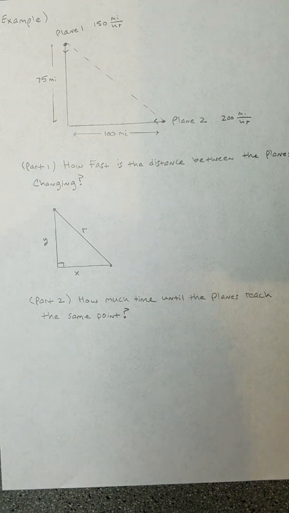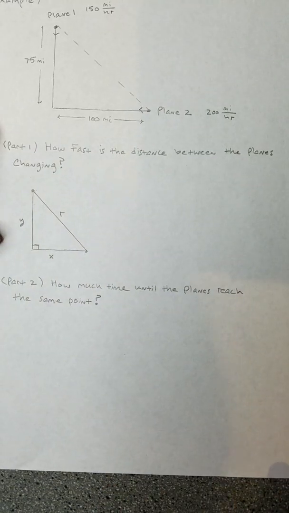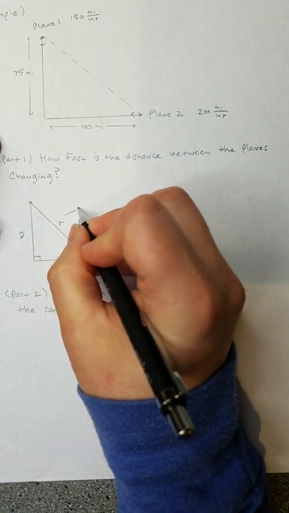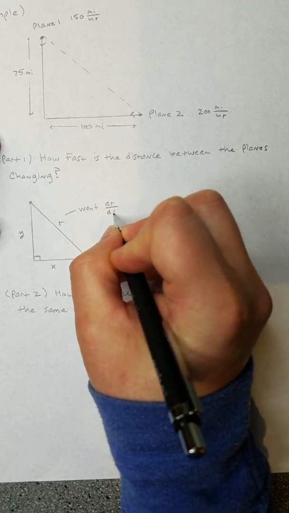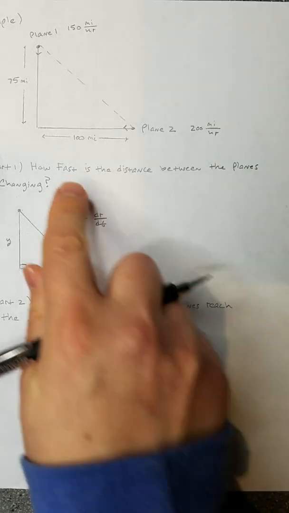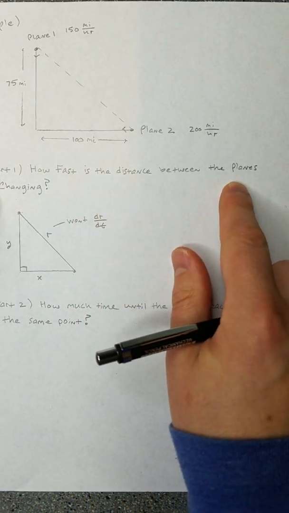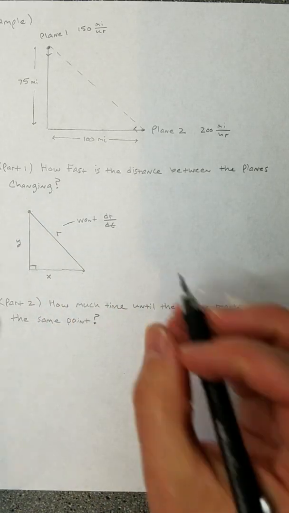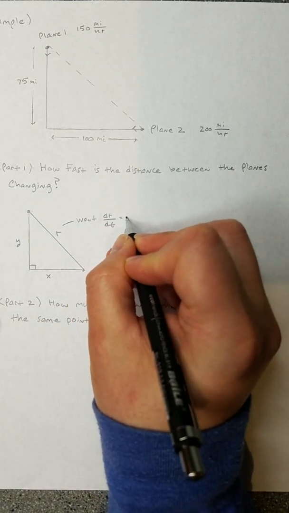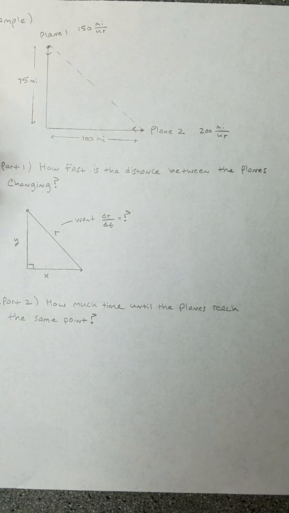This side's going to be r, or something like that. And I want dr/dt. I want to know how fast the distance between the planes is changing. That would be this distance. So that's what I'm after.